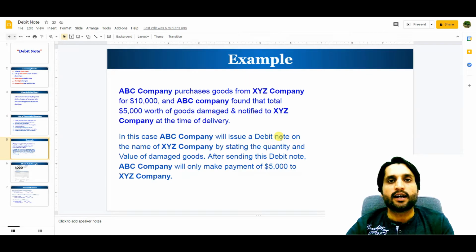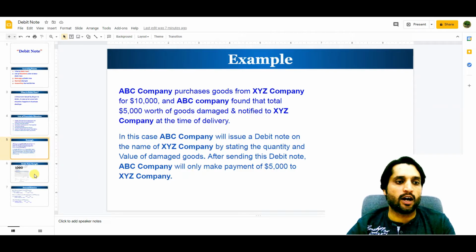It issues a debit note along with the goods, so XYZ company will understand that this much value of goods is damaged. After sending this debit note, ABC company will be liable to pay only 5,000 to XYZ company because the 5,000 of goods are damaged and returned. So the liability will be only 5,000, which needs to be paid to XYZ company.